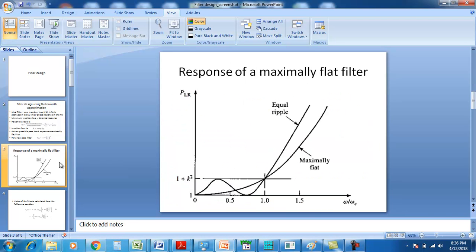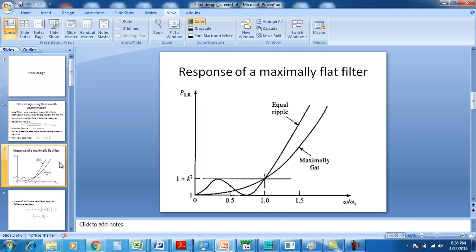Here we have the characteristic curve of a filter, with the maximally flat filter and equiripple filter curves. Now we are going to see the maximally flat or Butterworth filter. At the cutoff frequency, that is omega by omega c equal to 1, we get 1 plus k square.